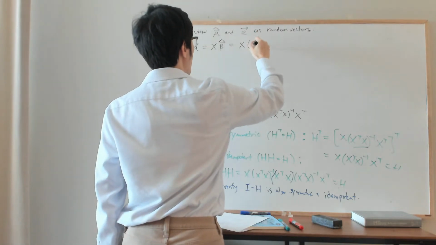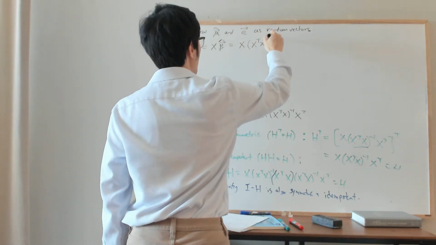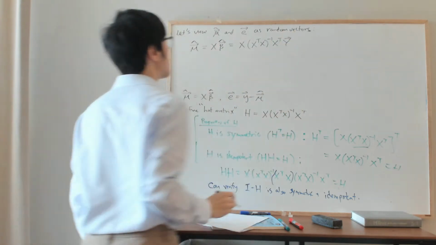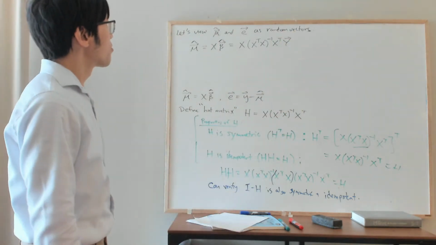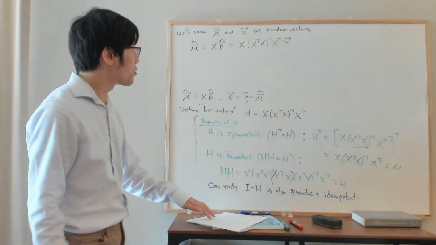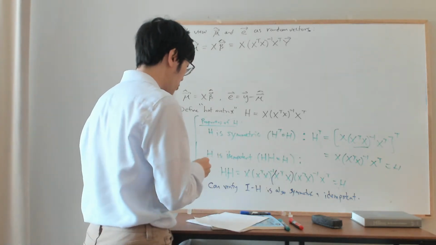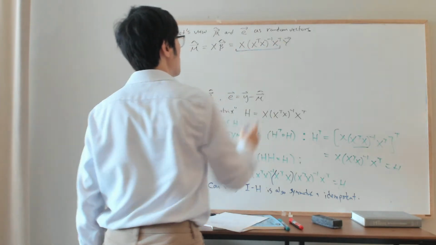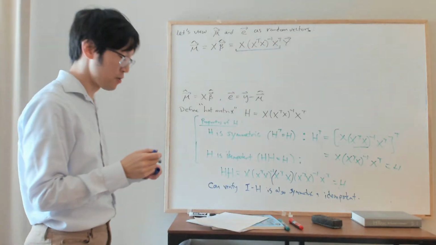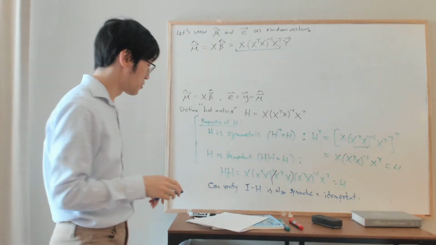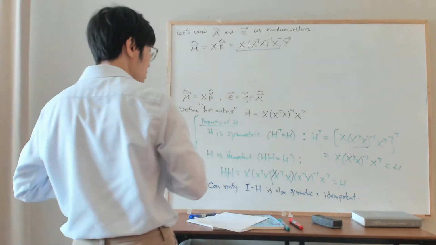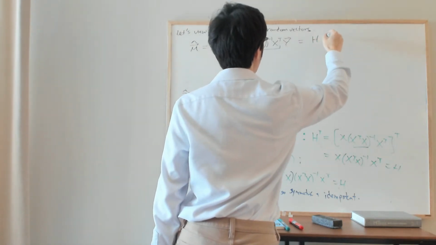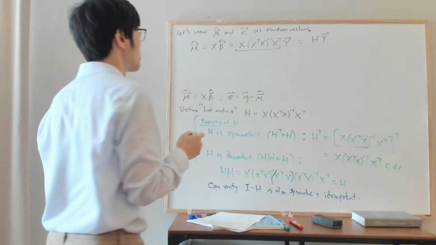Beta hat we write out as (X transpose X) inverse X transpose y. Now that we've written it out, we see that the way we define the hat matrix is very convenient, because this entire thing in front of the y is the hat matrix that we've just defined. So the fitted values are, in fact, the hat matrix times y.